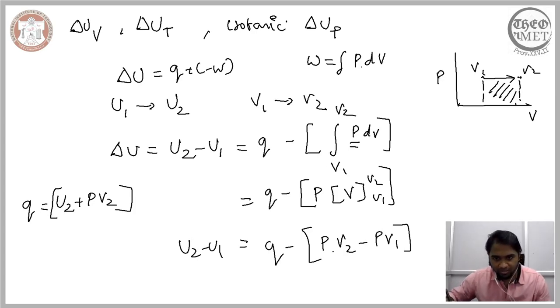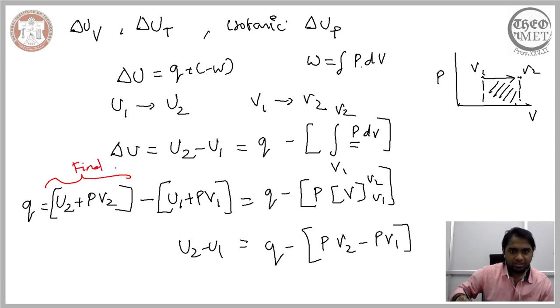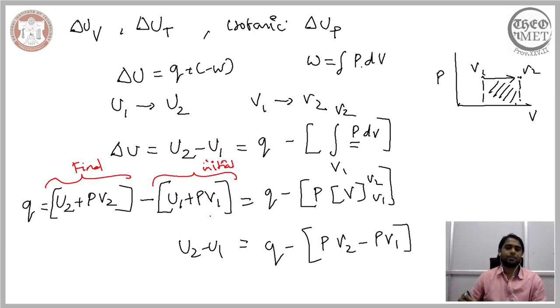You bring this term to the right hand side, the minus sign becomes plus, and similarly for this term, and you take the minus out, and you end up with an expression like this. So you have clubbed the variables associated with the final state here and the initial state here.